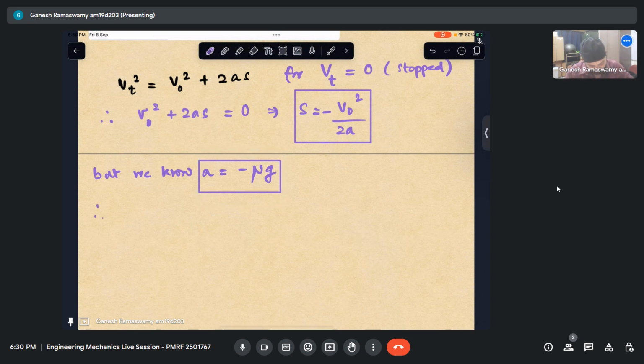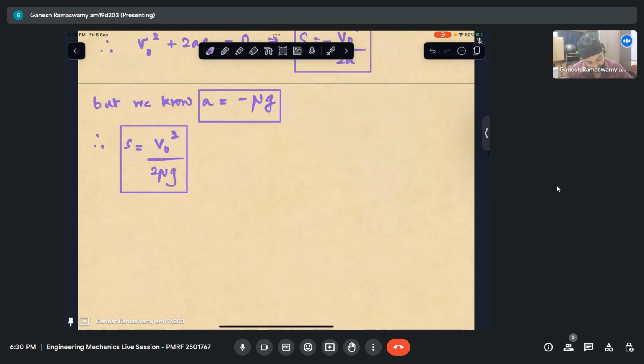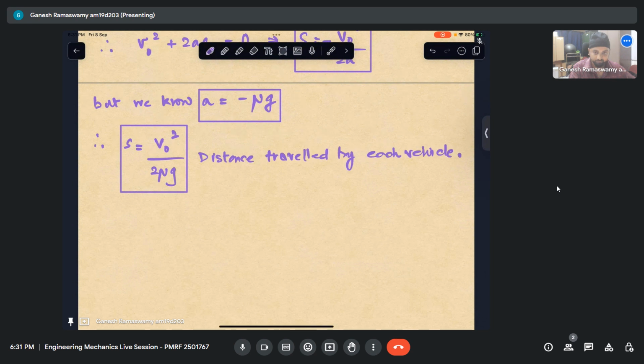So therefore s is nothing but v naught squared by 2 mu g. So this is how we will calculate the distance traveled by each vehicle.